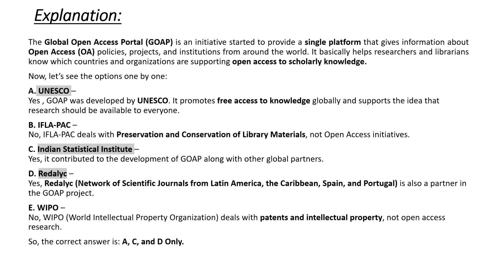Global Open Access Portal is an initiative started to provide a single platform that gives information about open access policies, projects, and institutions from around the world. It basically helps researchers and librarians know which countries and organizations are supporting open access to scholarly knowledge.